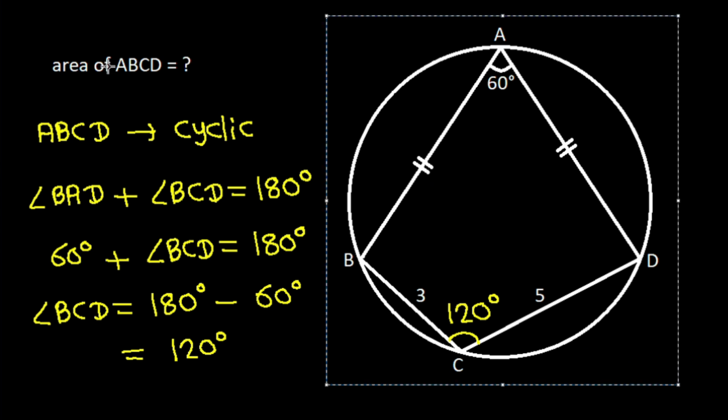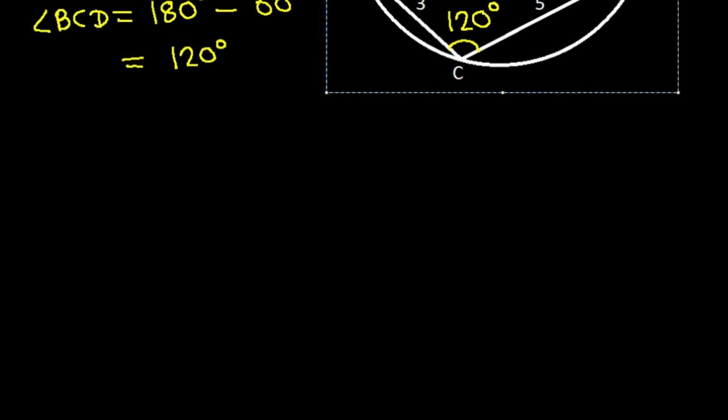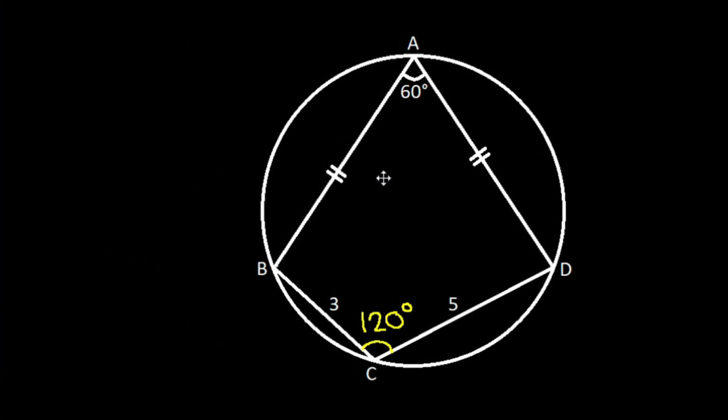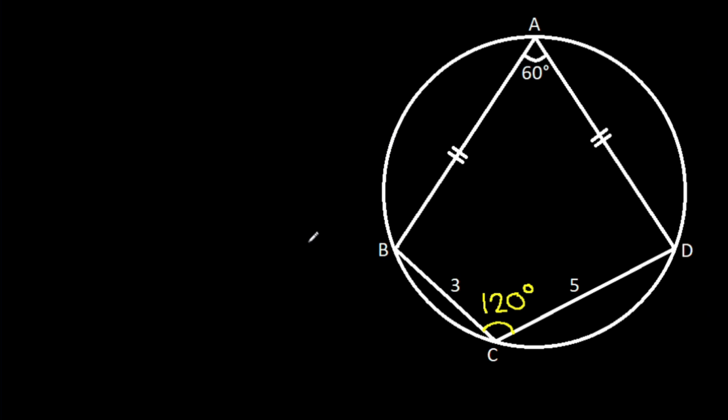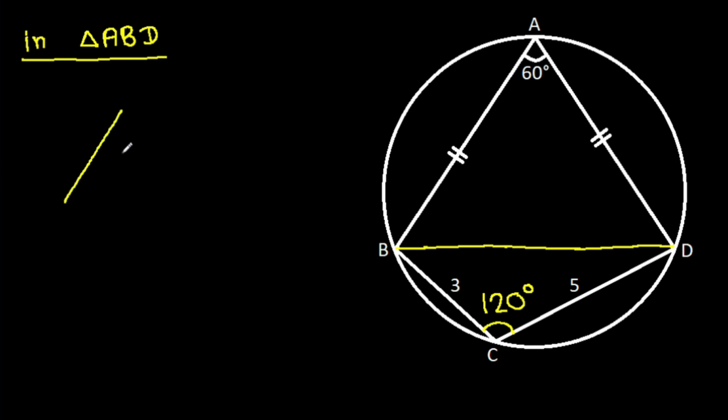Now if we join BD, then in triangle ABD, we have AB is equal to AD and this angle is 60 degrees.